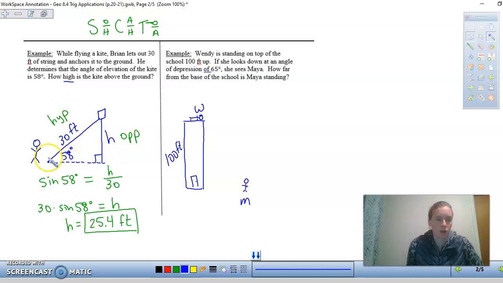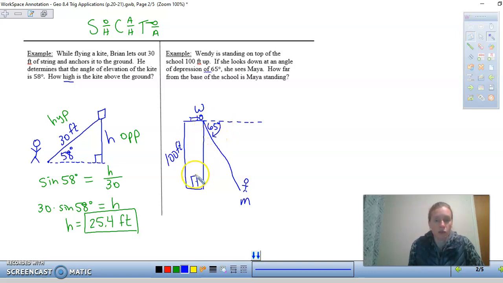So just like I drew a little dashed horizontal on this problem, I'm going to draw a dashed horizontal on this one. Okay, and then looking down to Maya, this is my angle of depression. That is the hard part. Most people mess that up at first. So that is 65 degrees.